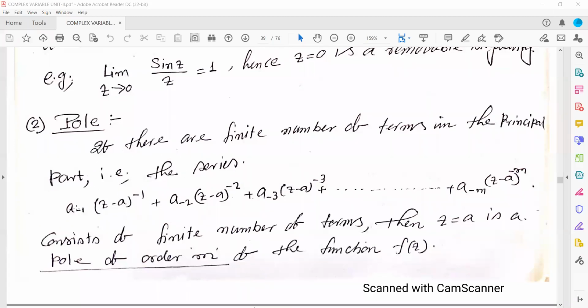So if you put n equal to 1, 2, 3 up to m, you'll get a minus 1 (z minus a) to the power minus 1, a minus 2 (z minus a) to the power minus 2, and so on up to a minus m (z minus a) to the power minus m, which consists of a finite number of terms.